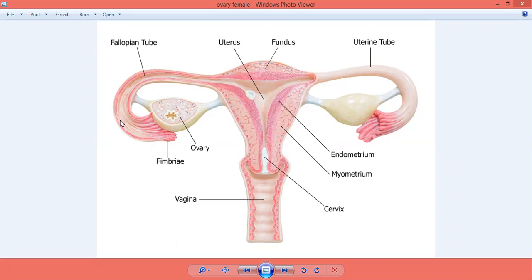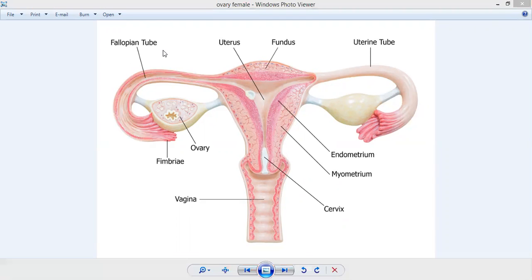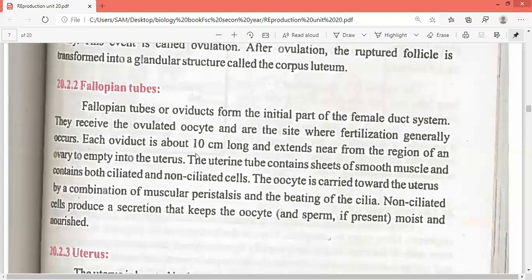This is the fallopian tube, ठीक है? इसको हम कहते हैं fallopian tube. It is 10 centimeters long and extends near from the region of an ovary to empty into the uterus. The uterine tube contains sheets of smooth muscles and contains both ciliated और non-ciliated cells.